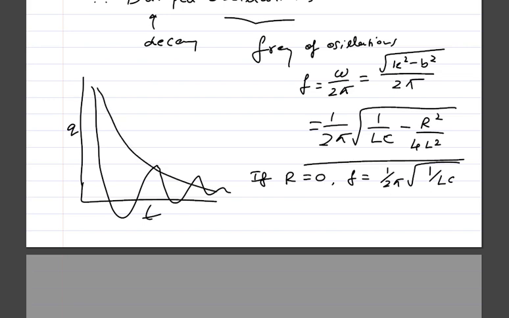So I will just draw the previous cases also. So case 1, case 2 and case 3: damped oscillatory, critically damped, over damped. Somewhere here you have Q naught, the maximum charge, and that is 0.